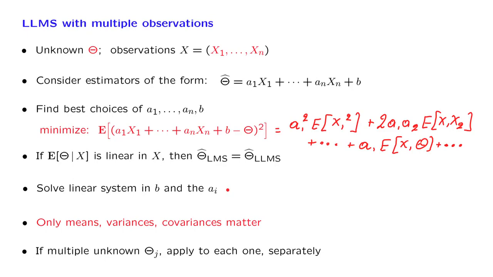Here is the idea. Once more, we restrict ourselves to estimators that are linear functions of the data, linear functions of the observations that we have. And then we pose the problem of finding the best choices of these coefficients a1 up to an and b. What does it mean to find the best choices?